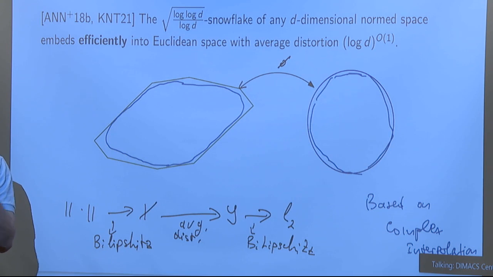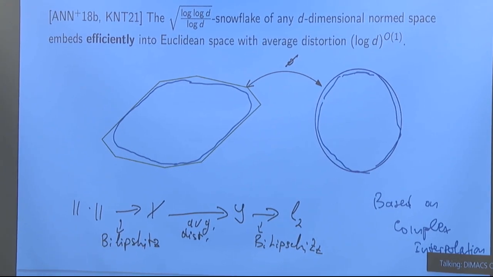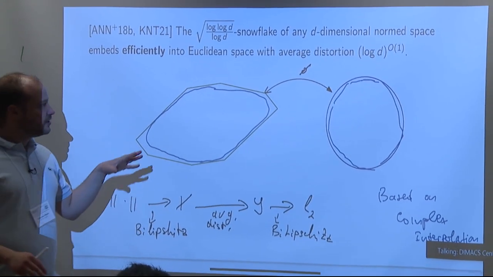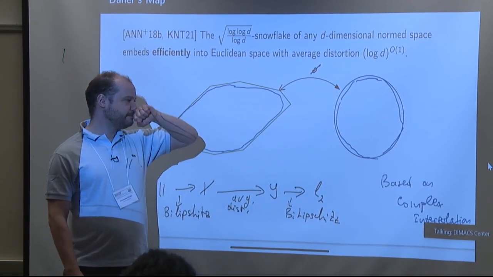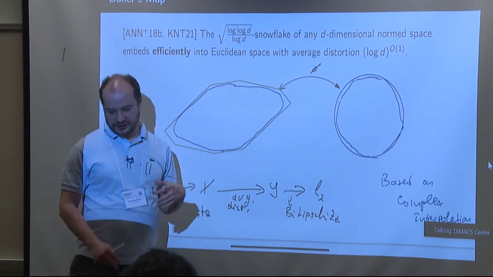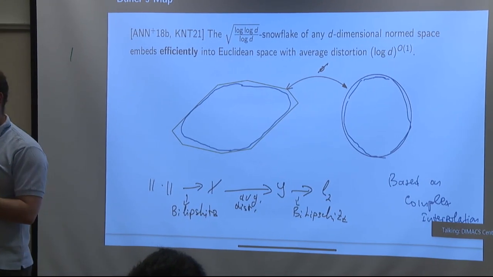It gives you bad approximations, for example, not as great as we would like when you try to construct data structures for approximate near neighbor search. On the other hand, this embedding is somewhat efficient. In the sense that after a lot of work, we actually do know how to efficiently compute these maps, and we know how to efficiently embed a given point.